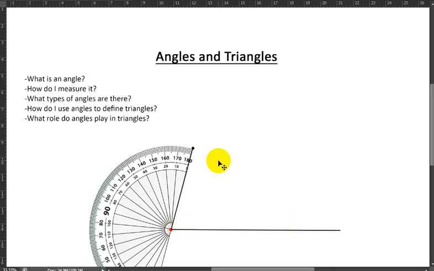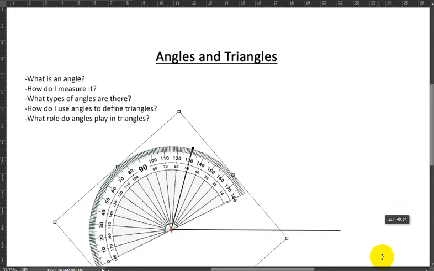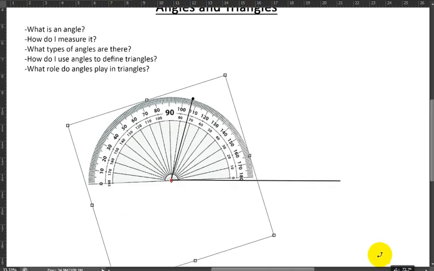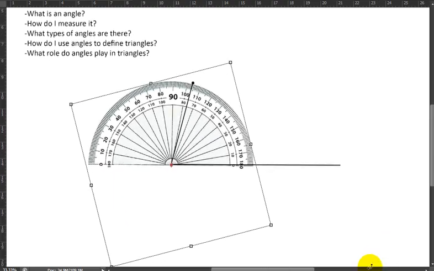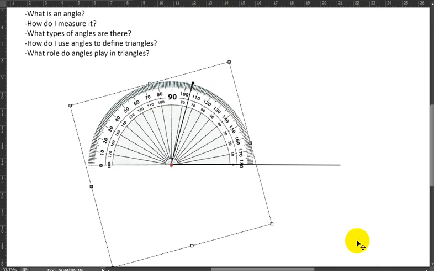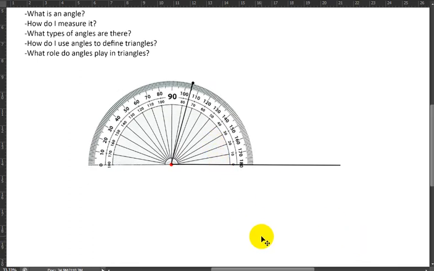Now if you turn back your protractor, you're going to see an angle of 75 degrees. Perfect.